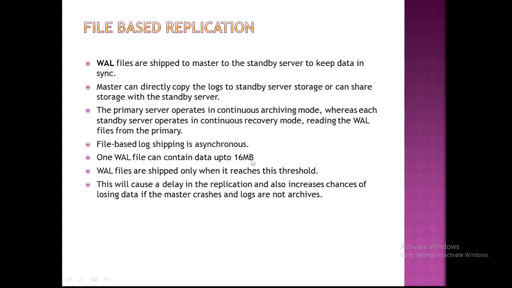Before that, it will stay there. This will cause a delay in the replication if your database has very little data or very few transactions. Only when it reaches 16 MB will it be copied to the archive location. Before that, it stays there.